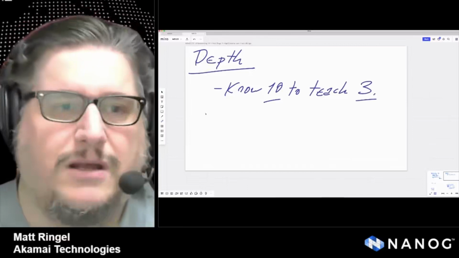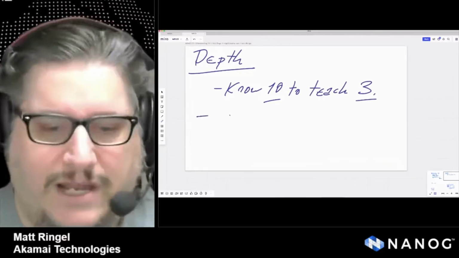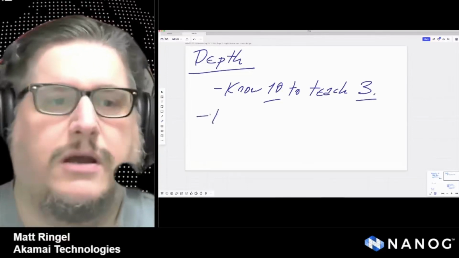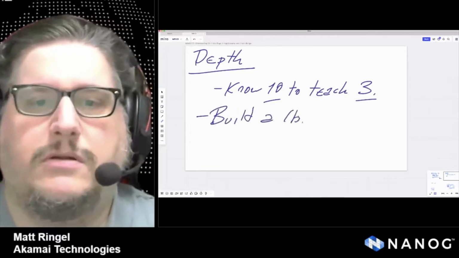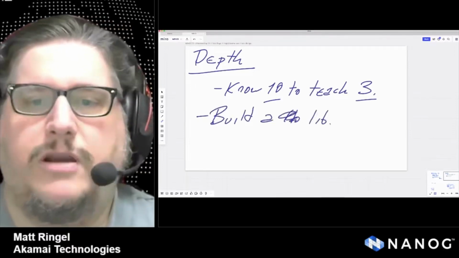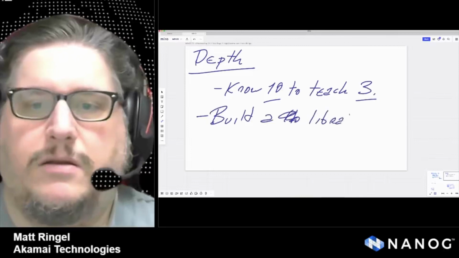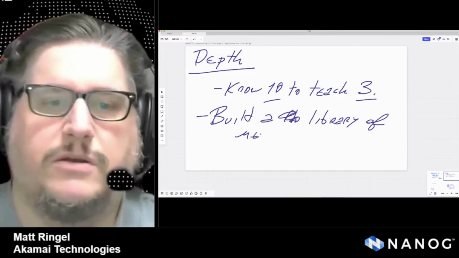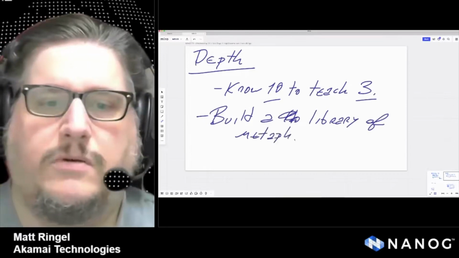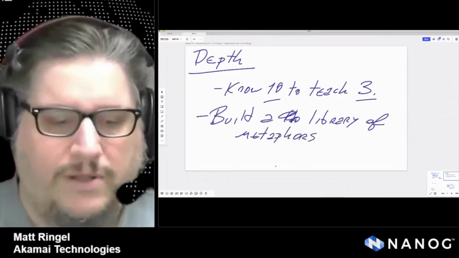In addition, and I cannot say this enough, it's really, really important: build a library of metaphors.